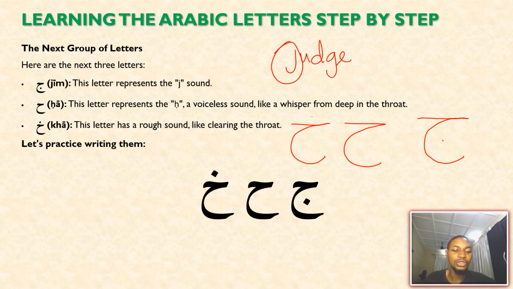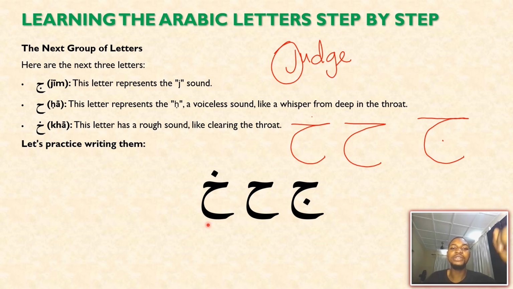So we have Jim, Ha, and Kha. If it has a dot under it, it is Jim. If it has no dots with this shape, it is Ha. If it has one dot above it, it is Kha. I hope that's clear, right?